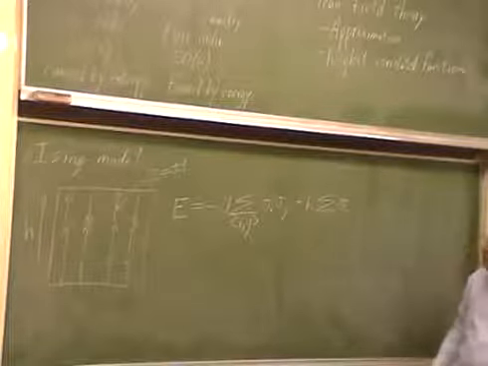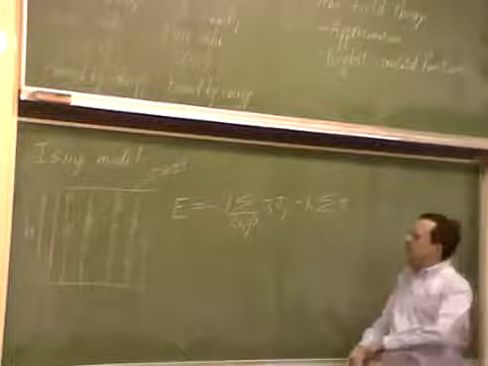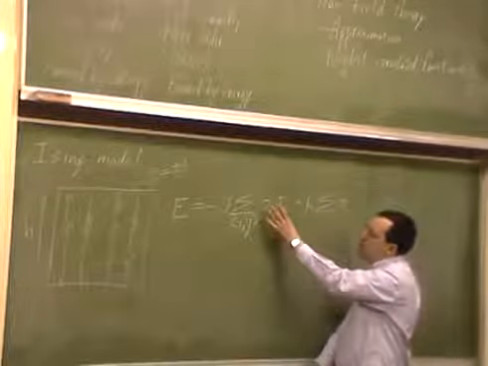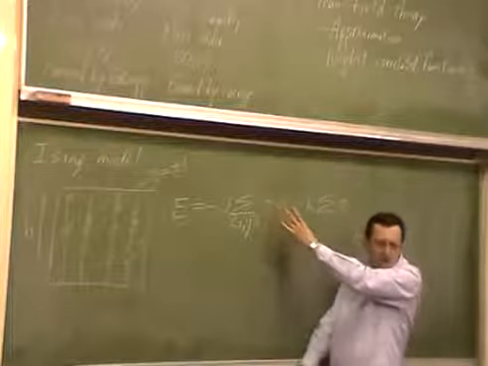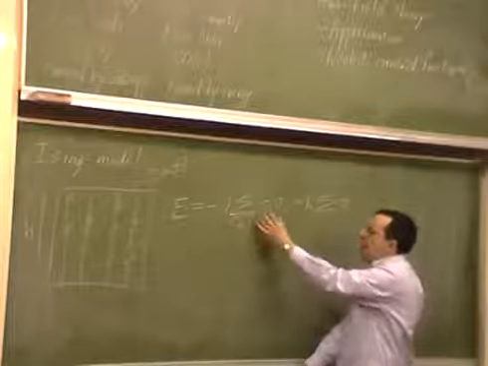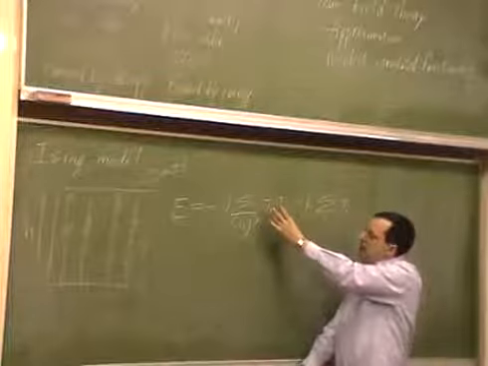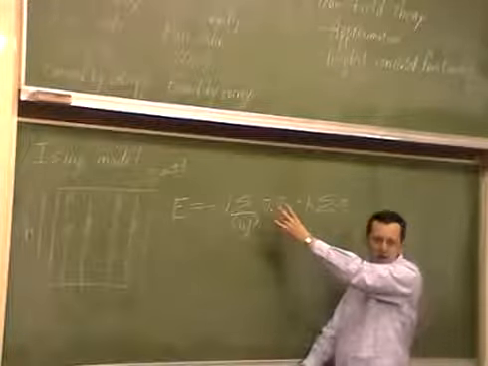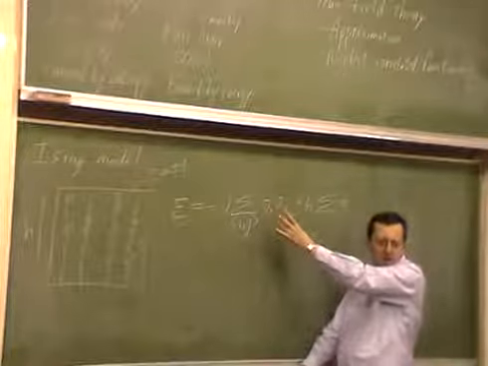So, what you'll notice here is that this first term favors having the two spins aligned with each other, right? This is minimized if sigma_i and sigma_j are both plus 1 or both minus 1, right?